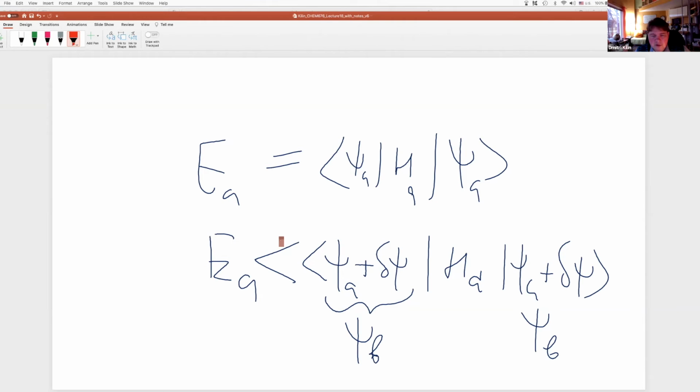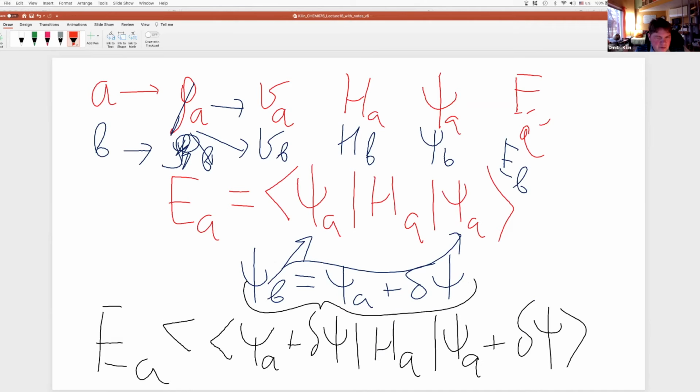So if we have minimal wave function A, Hamiltonian A, and total energy A, then by incrementing the wave function by some small increment, and calling this incremented wave function psi b, we will get some energy that is bigger than our original energy.